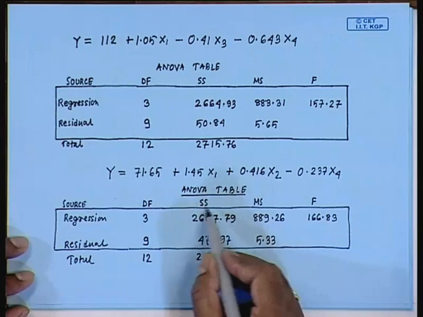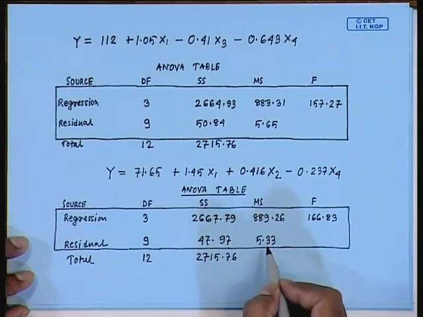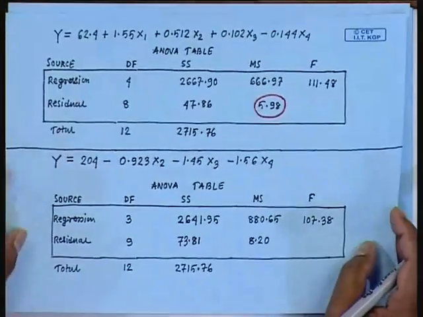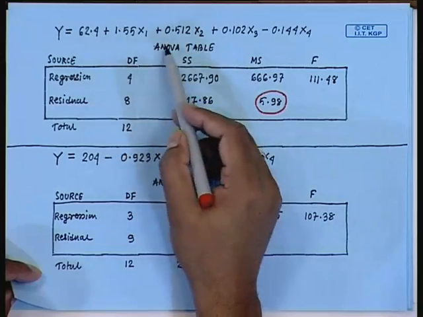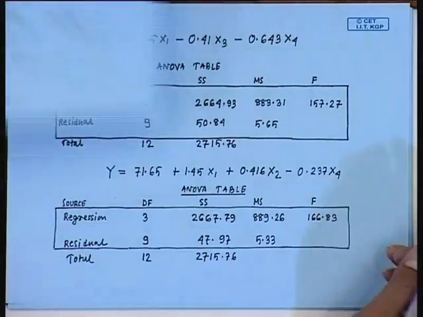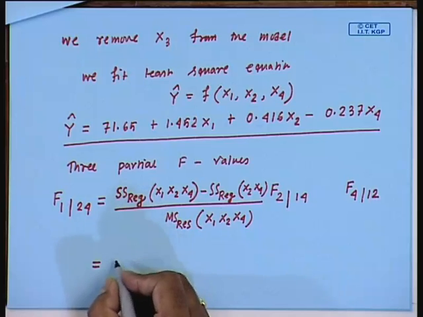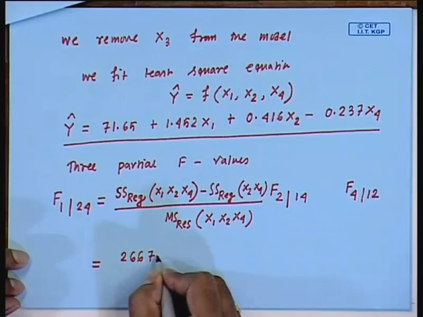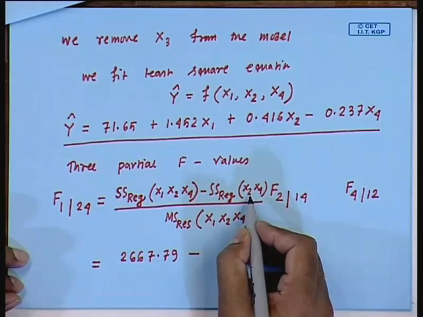This is the SS regression for this model and this is the MS residual. We are going to use this MS residual now, not the one for the model involving all 4 regressors. At this moment my full model is this one. So SS regression is 2667.79.